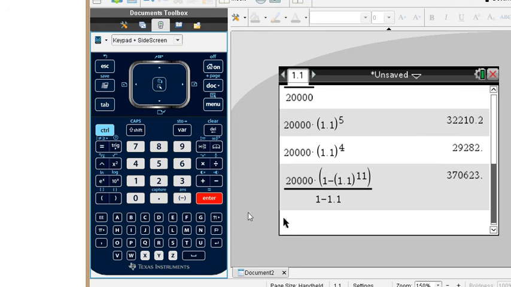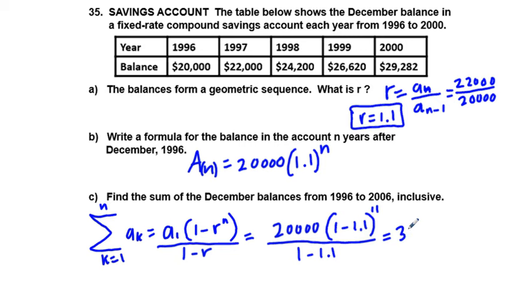And for that, we get $370,623. And that's going to be in dollars. Okay, so these will be our answers for parts B and C.